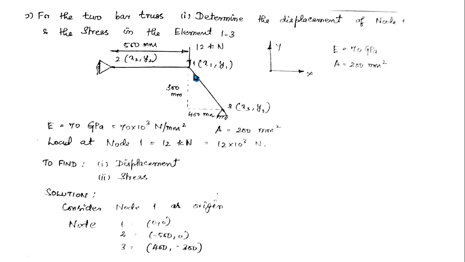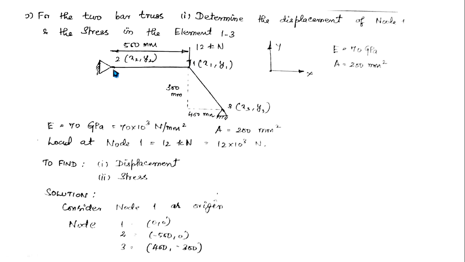And what about the force? Similarly, at node 1, F1, F2. F1 is the force in the direction of X. F2 is the force acting in the direction of Y. So F1 is 0. There is no force. For F2, there is a force acting in the negative Y direction, so it is minus 12 into 10 power 3 Newton.